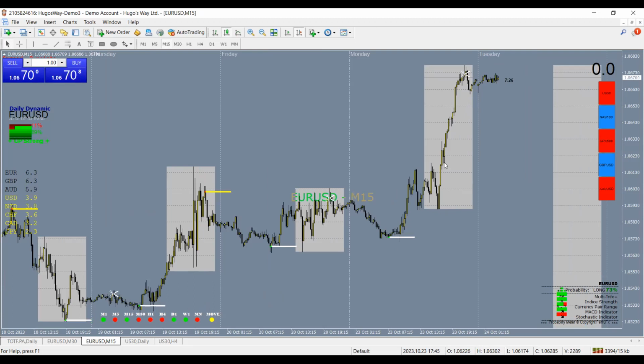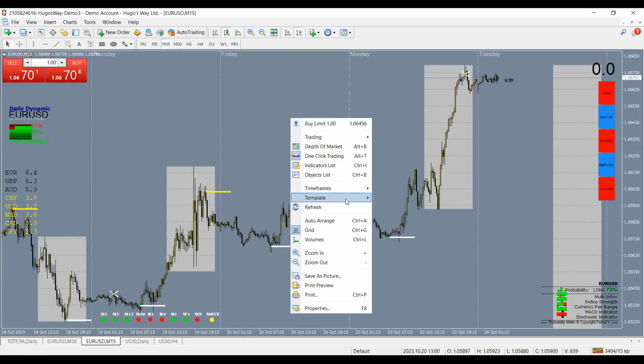Right there before the session. Is that an order block? Would you call that an order block? This wick right here? No, I'm talking about the one before the session started. Before the session on EU or USD? Yeah, right there, where the arrow was just at.